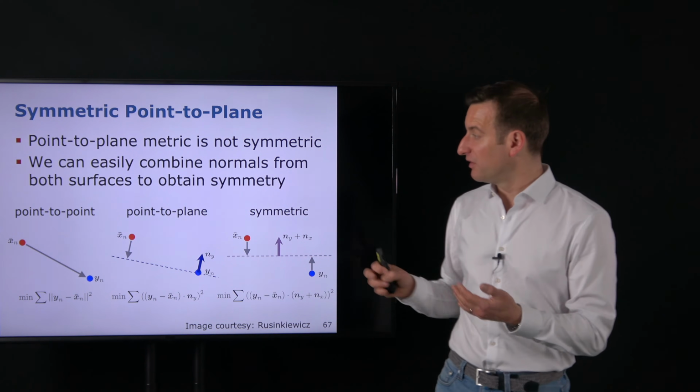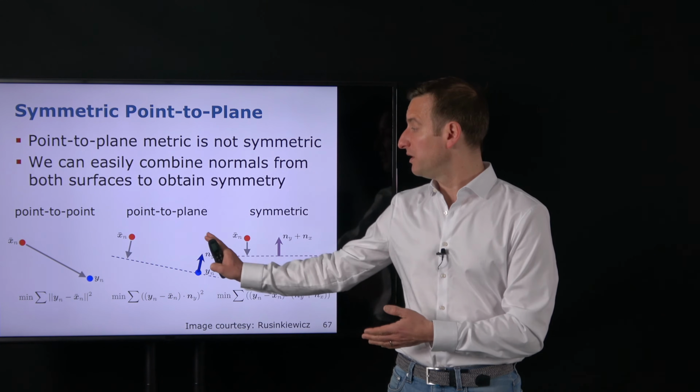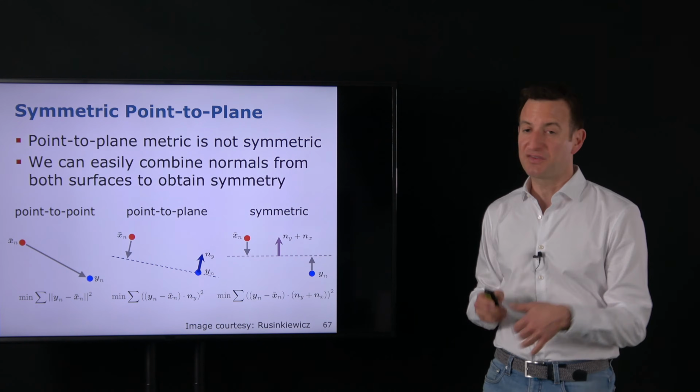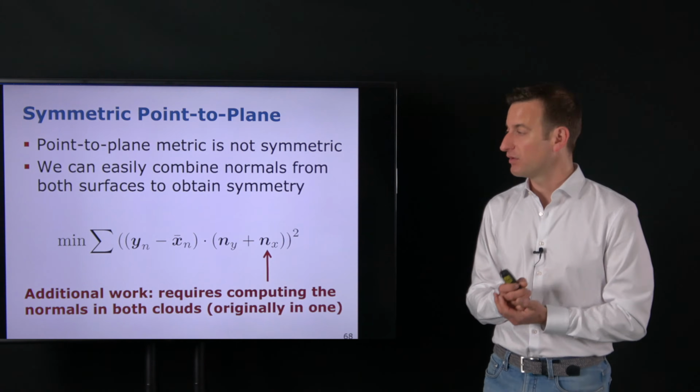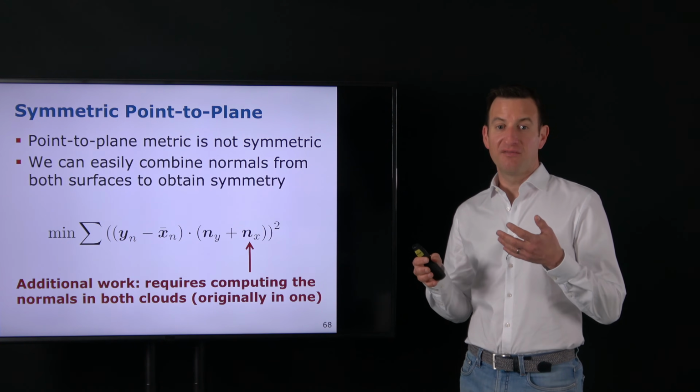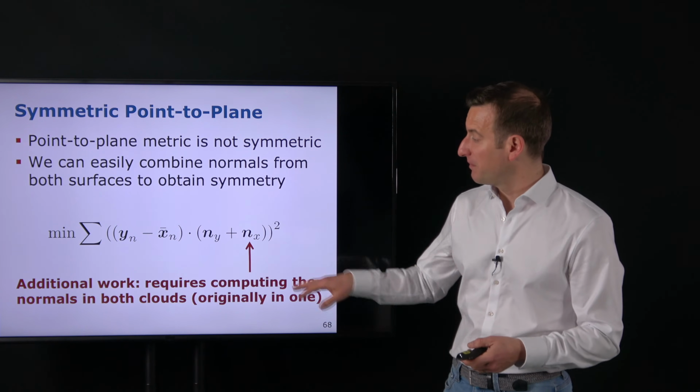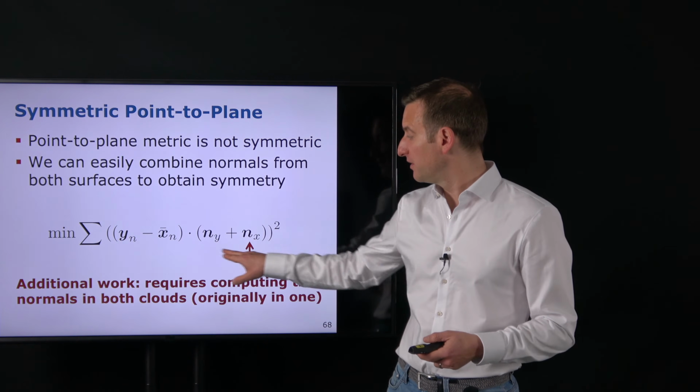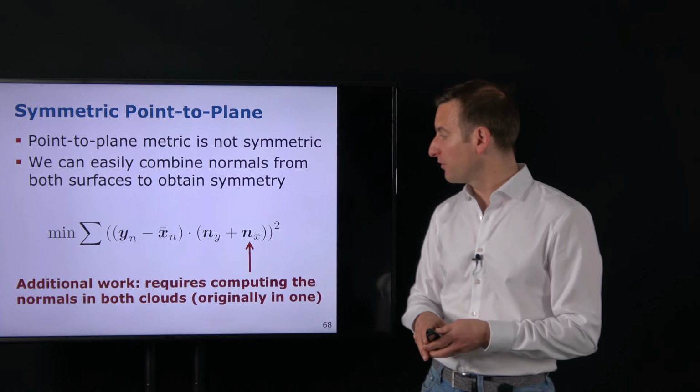So it's very similar to the point-to-plane metric, just taking one additional vector into account, replacing the single normal vector with the sum of two normal vectors.